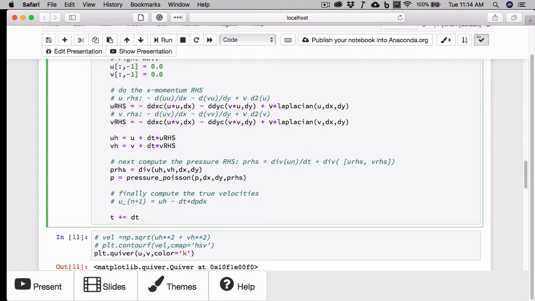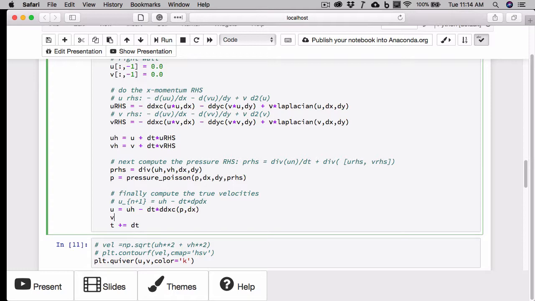So u, the new value that I want to put in the array u, is equal to u hat minus dt times, how do we do dp/dx? d/dx central of p, and then we need a dx. And same thing for v. It's v hat minus dt times d/dy, so that's dp/dy.